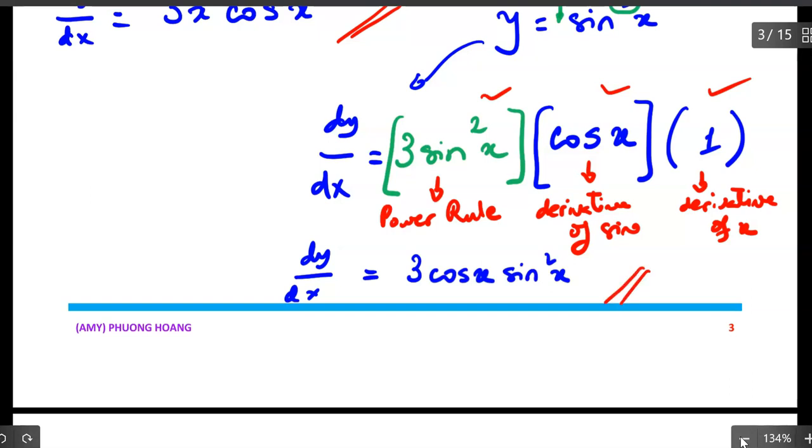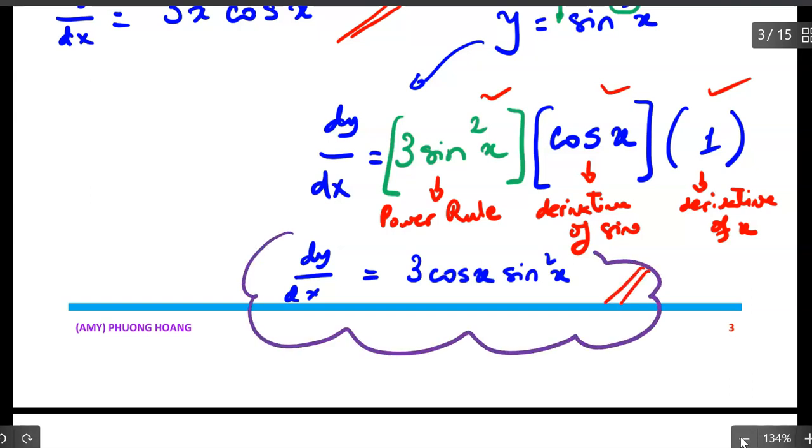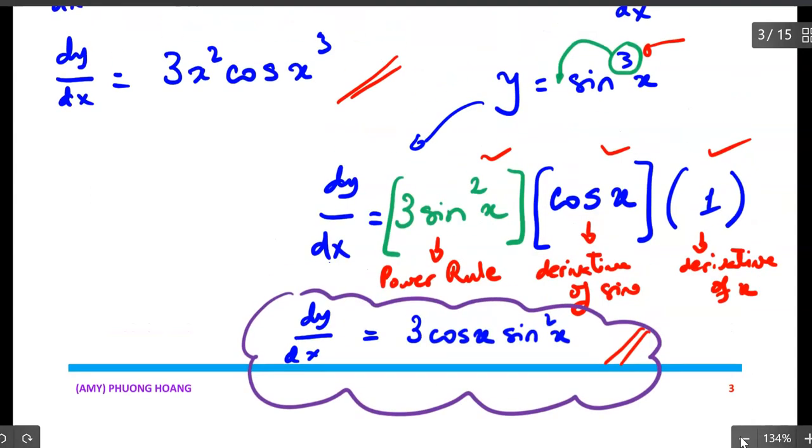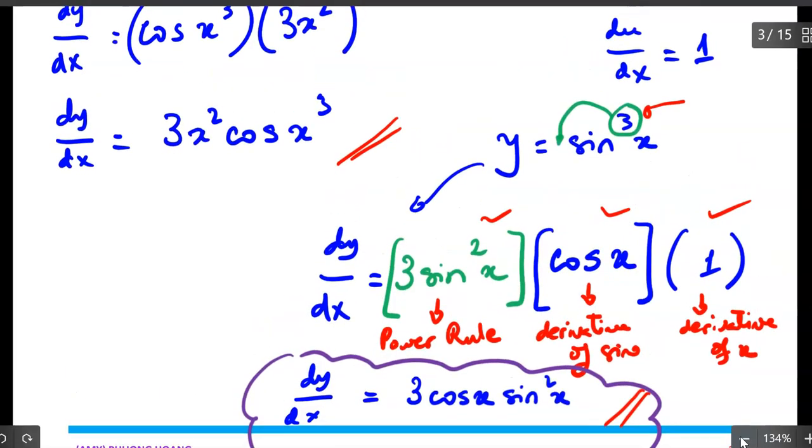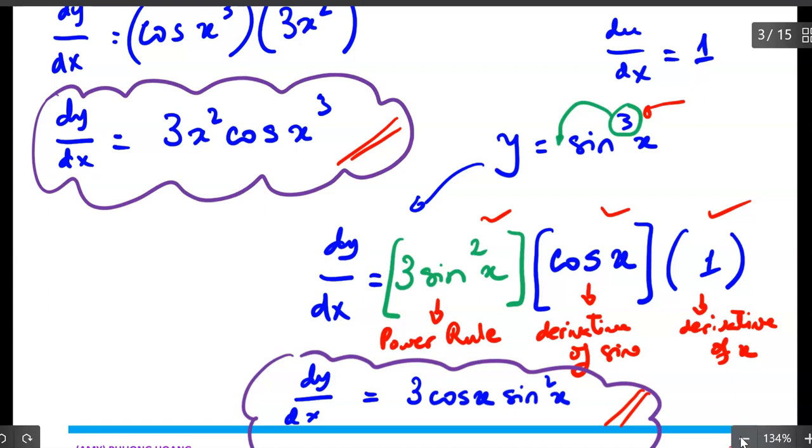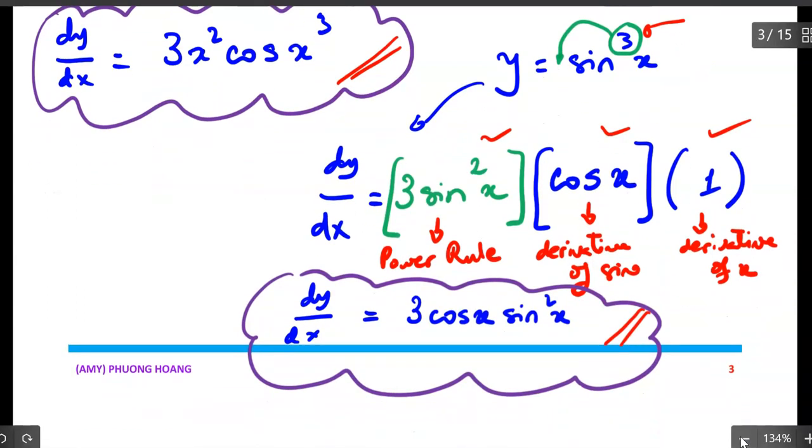Okay, so make a comparison. This is the final answer for sine to the exponent 3 of x, and this is the final answer for sine of x to the exponent 3. Okay, so note the difference between the two.